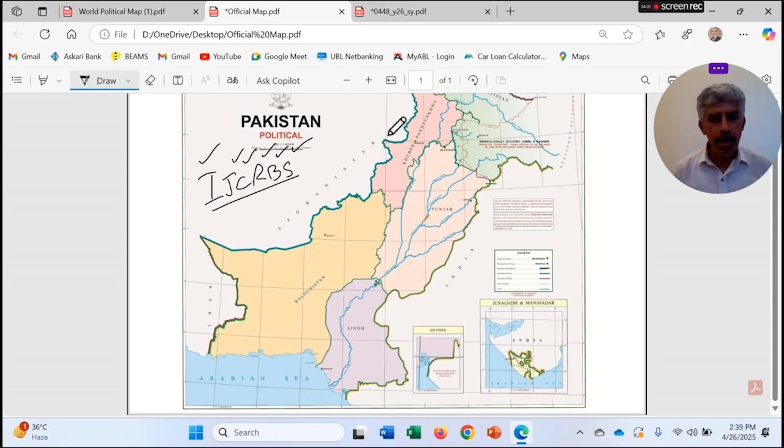So you can say that here is the route of river Kabul and it comes over here in Punjab and joins. This is river Kabul coming from Afghanistan in this direction and joining river Indus.